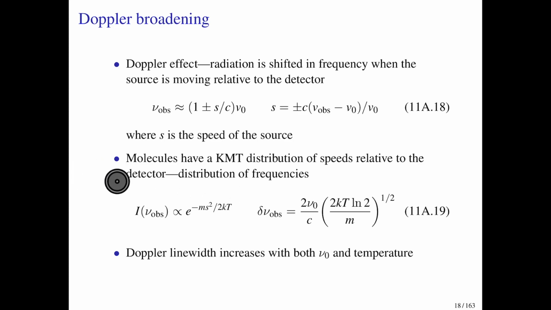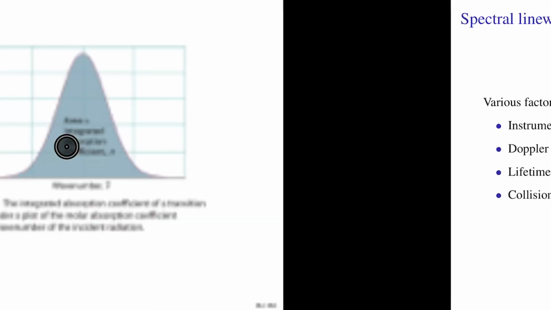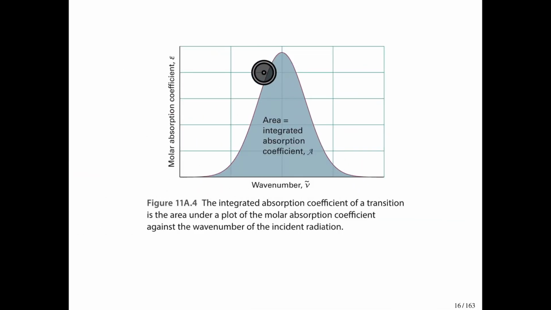Basically, the distribution of speeds is going to be proportional to the distribution of frequencies. So our intensity profile as a function of observed frequency is going to look like the distribution of speeds, which is a Gaussian function here. If you take the speed that we just derived from the Doppler effect formula and plug that in, you'll get a Gaussian function of observed frequencies. It's going to look like this curve. This is a Gaussian, and Gaussians are well-known functions, and they have a well-known width.